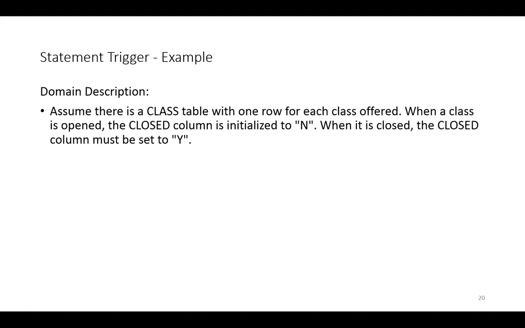Here we provide an example of a statement trigger. First, we describe the problem. Assume we have a table called class. Each row in the class table represents one class that's scheduled for the current semester.